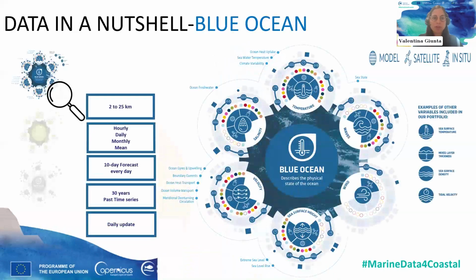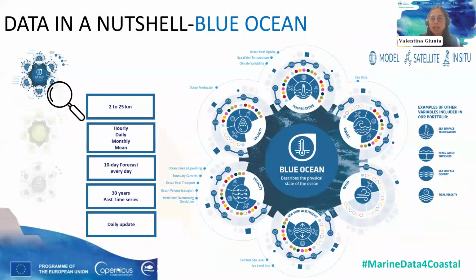For example, for the blue ocean, we refer to all the variables that describe the physical state of the ocean. So you will find information regarding temperature, salinity, waves, wind, sea surface height, velocity, but also information regarding mixed layer depth, sea surface density, tidal velocity, and many indicators that are computed using this data.